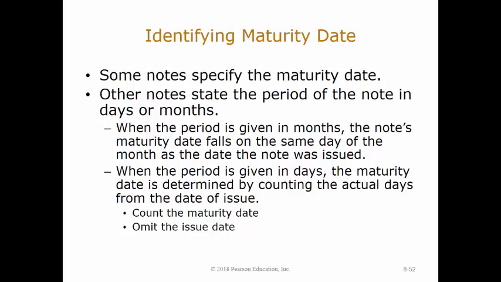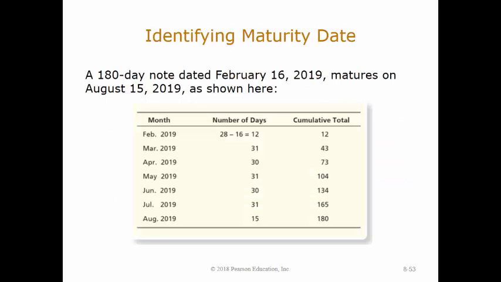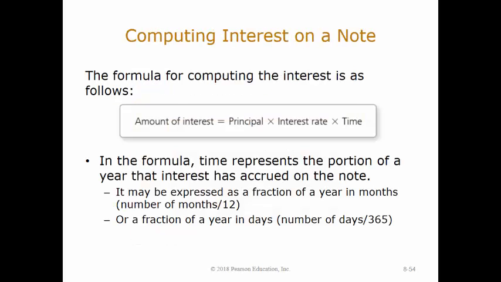When the period is given in months, the note's maturity date falls on the same day of the month as the date the note was issued. When the period is given in days, the maturity date is determined by counting the actual days from the date of issue. A 180-day note dated February 16, 2019 matures on August 15, 2019.